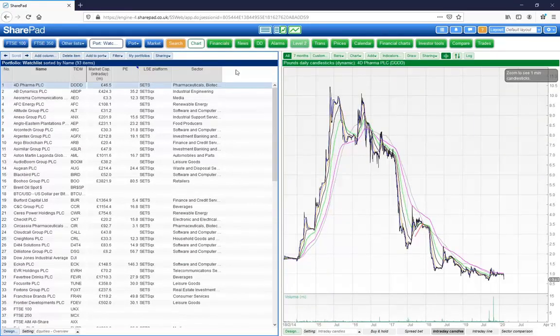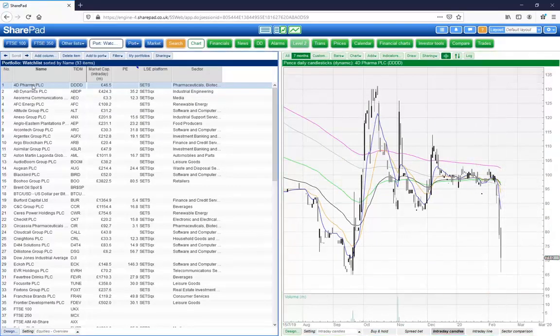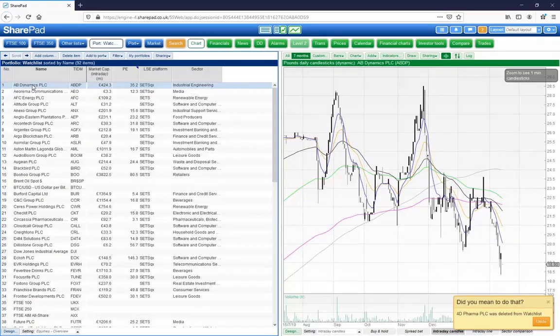So 4D Pharma, we put that in earlier on. We'd need to check the news to see if there's a trade there. If there's not, then I would delete it and get rid of it, because I only want stocks in the watch list that are relevant at the moment or in the near future.